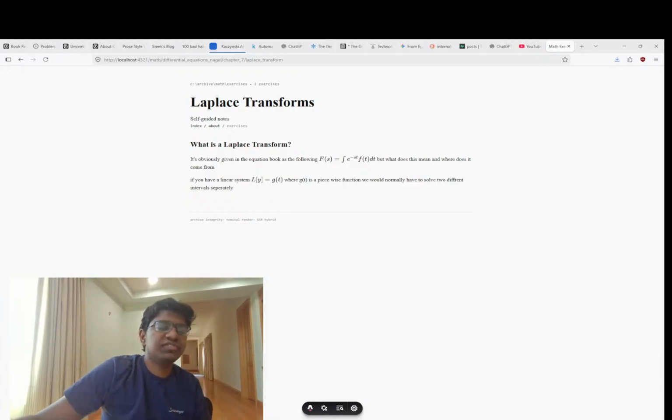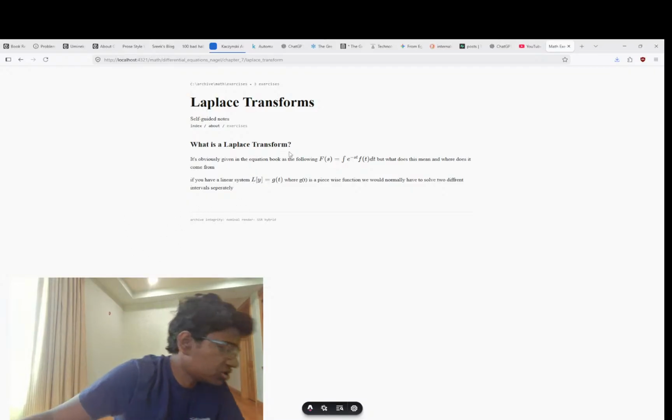We need to put g of t as a piecewise function, and then let's establish some initial conditions that can compute g of t.